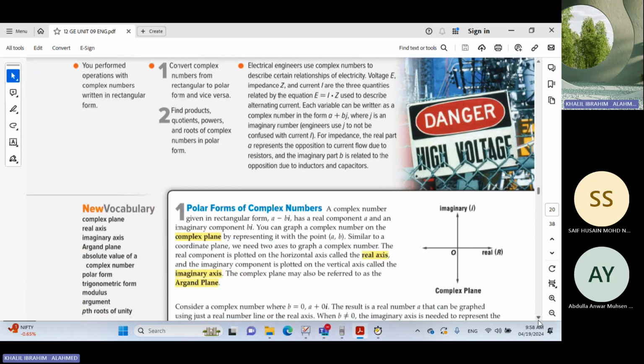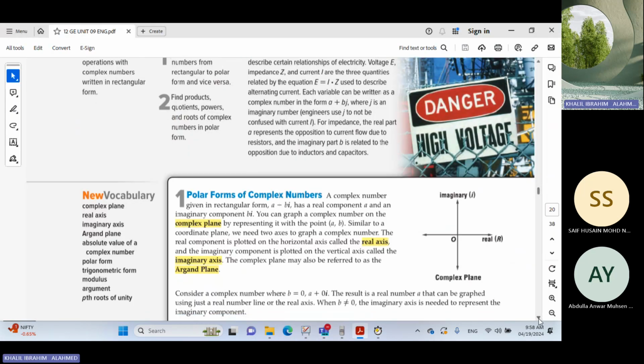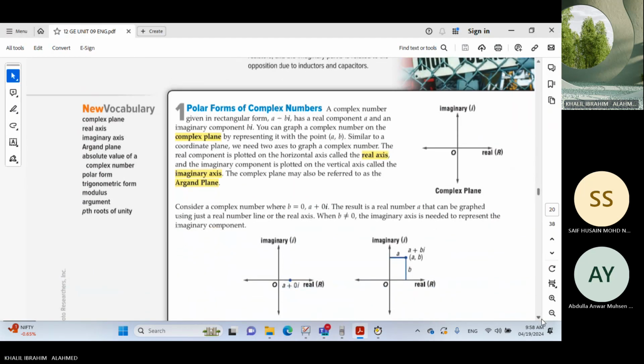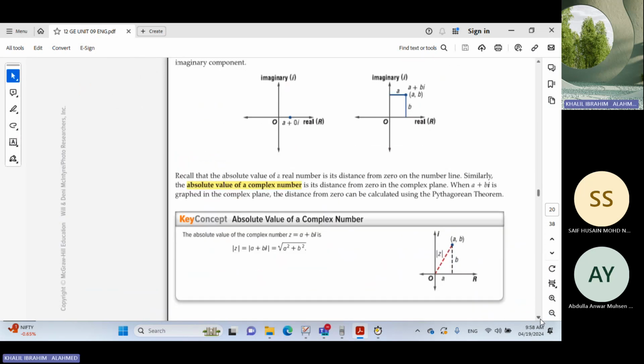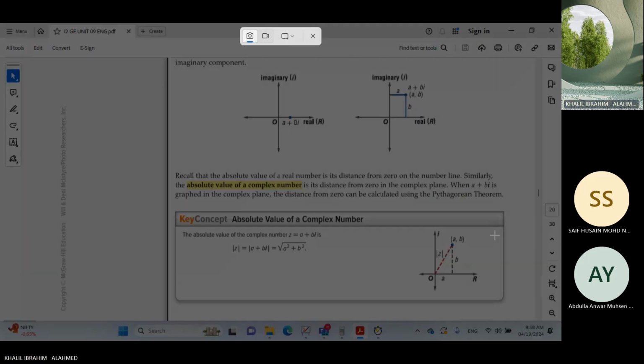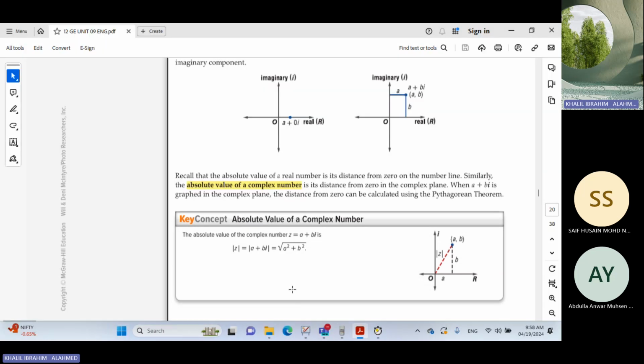Okay, let's start. I will give you an example of how to find the absolute value of a complex number.